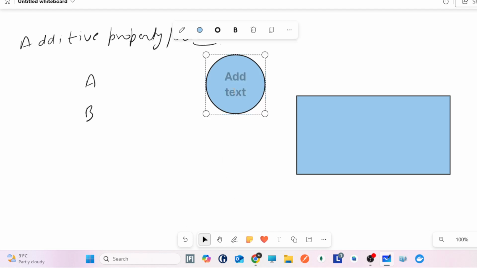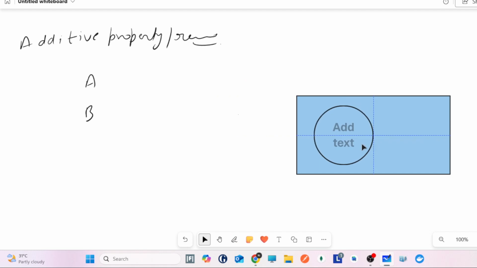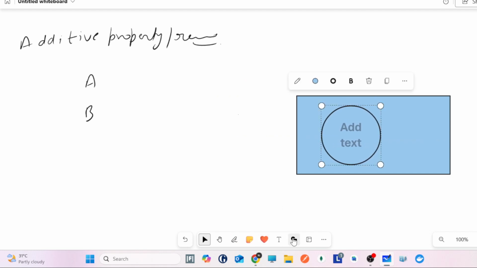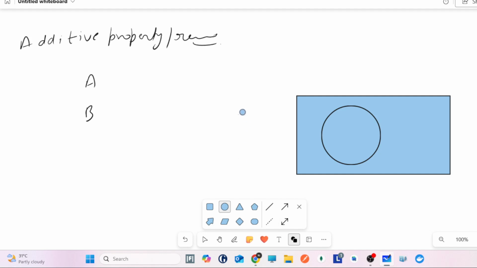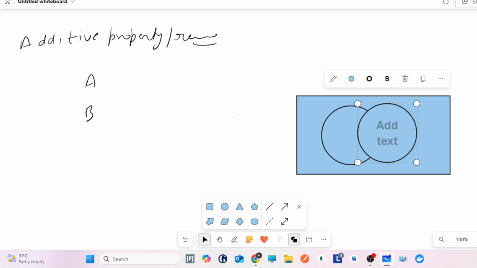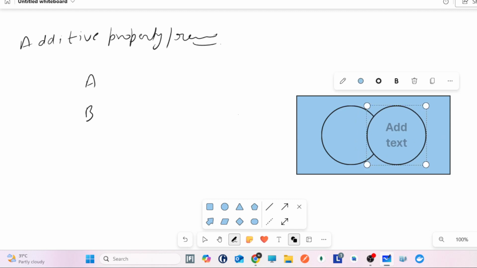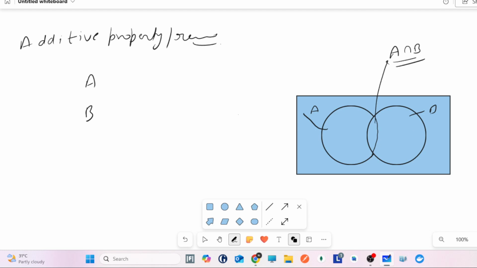Let's take this one as our event A, and then let's take one more circle and mark it as event B right here. Perfect. So this is our event space A, this is our event space B, and let's draw some overlapping here. So this is overlapping, right? So what is the overlapping part? That is A intersection B. Perfect, right? And this is our universal set, right?